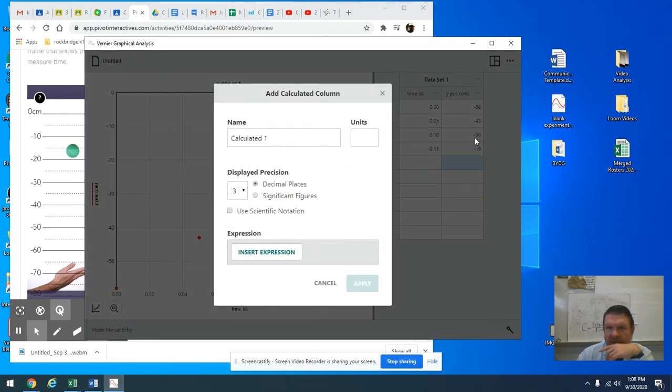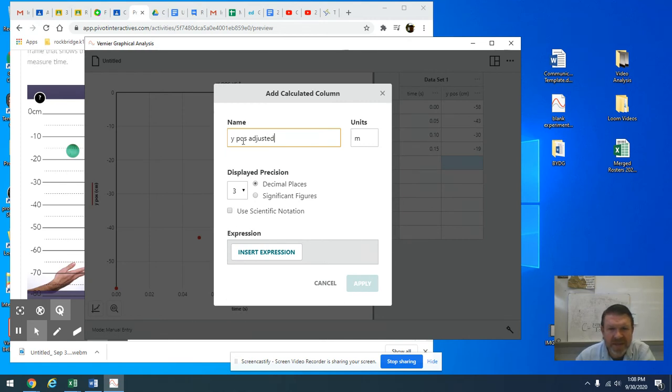Because I don't like the fact that this starts at -58. So I want to just start at 0. So here, and I think also if we want to be in SI units, I think we want to be in meters. So this is Y position adjusted.